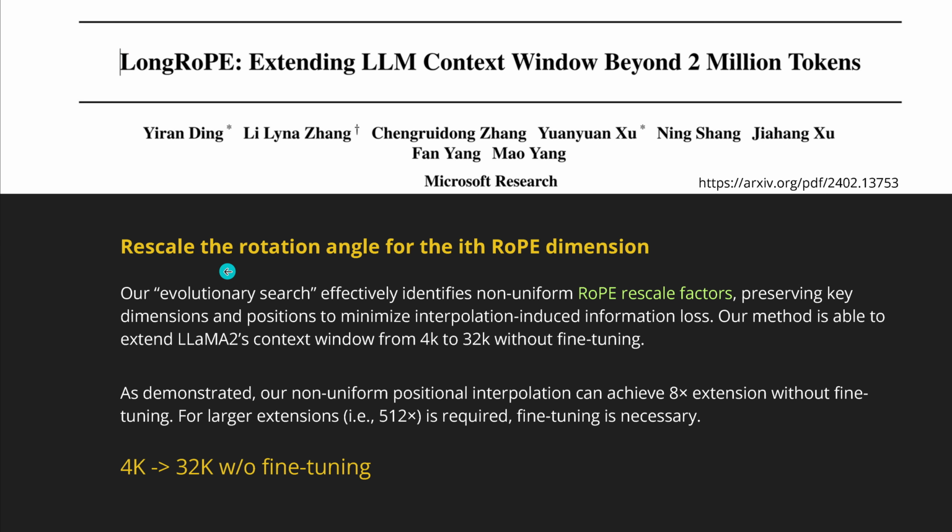So after they did this evolutionary search, they identified it for a particular system. And remember, this is really specific to the system you're doing the optimization on. This is really specific to the domain knowledge that you have in your system, to do the rescale factors on.